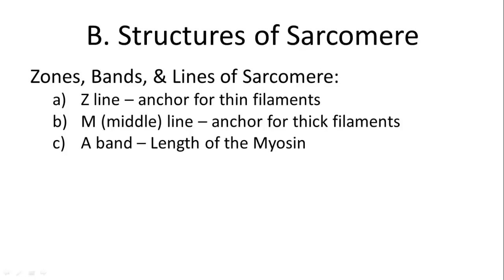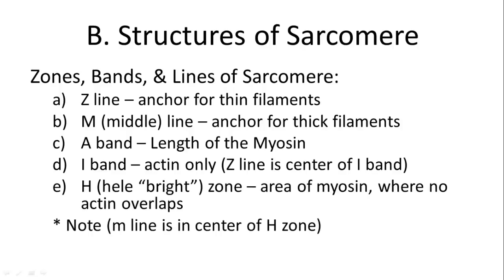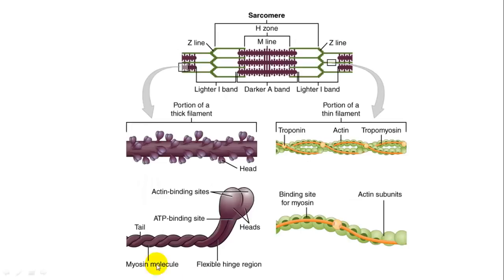And the H zone, or the Hensen zone, is the area of myosin where there's no actin overlapping it. Okay, and the M line is in the center of the H zone. You can see these on the sarcomere, and they change in length depending on whether the muscle is contracting or relaxing.